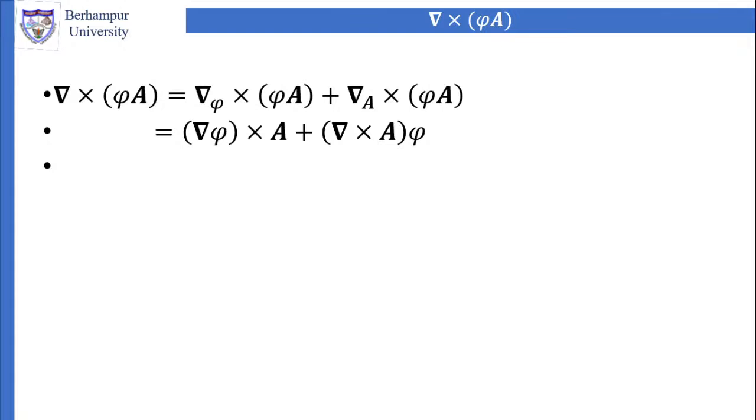First term is a vector cross product that gives us a vector. Second term is a vector cross product multiplied by a scalar that also gives us a vector. So curl of phi A is equal to grad of phi cross A plus phi curl of A. So this is the next identity that we consider.